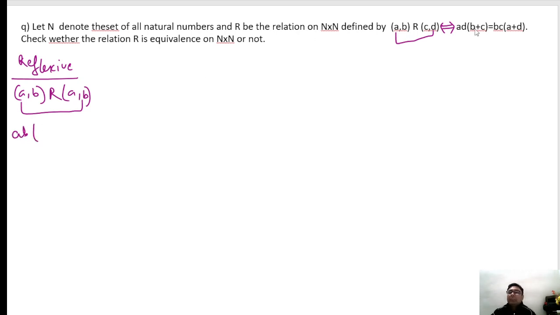Then they will take B plus C, that means I will write B plus A. Now this side, how to write BC? That means I will write BA, and in the bracket they are writing A plus D, that means I will write A plus B. Are these two equal? Definitely these two are equal. So reflexive is valid.